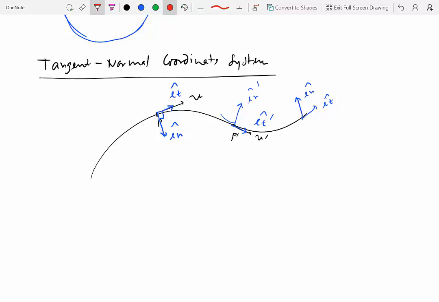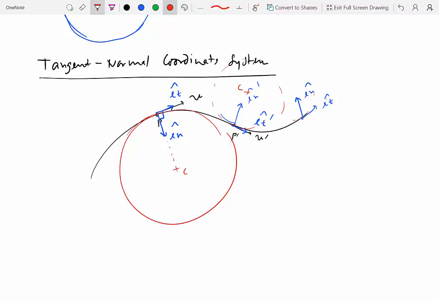So at point P, this is your circle that you can fit, and this is the center, and en hat is pointing towards the center. At point P prime, here is your circle, and en hat is pointing towards the center. Again, at this point, you again fit a circle, and en hat is pointing towards the center of the circle.